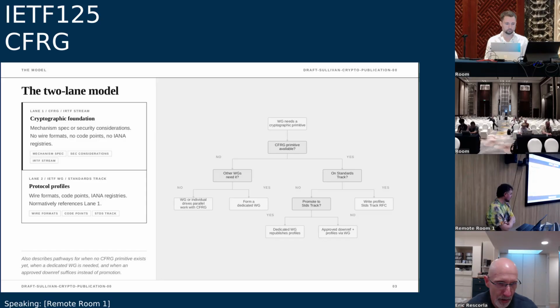Yeah, that's a good question. I think with regard to working groups who want to make the choice of NTRU, for example, off of their own choices, the path would be similar. You'd say, this working group needs a primitive.